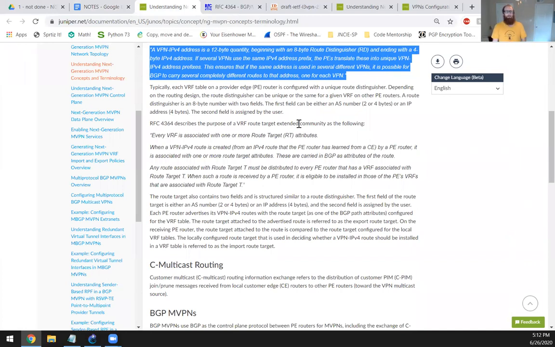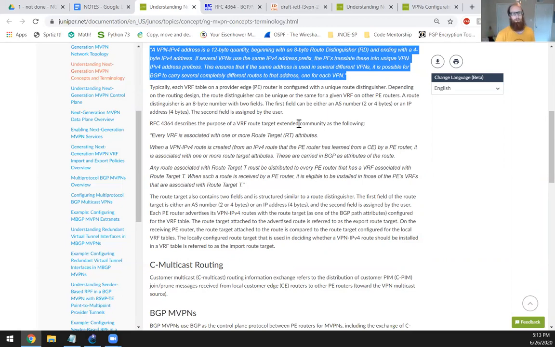Typically, each VRF table on a provider edge PE router is configured with a unique route distinguisher. Depending on the routing design, the route distinguisher can be unique or the same for a given VRF on other PE routers.